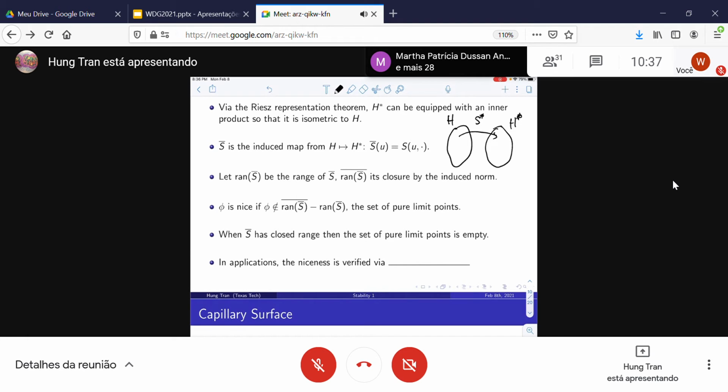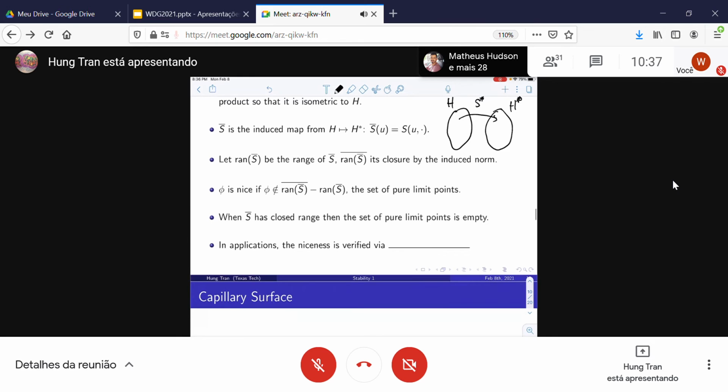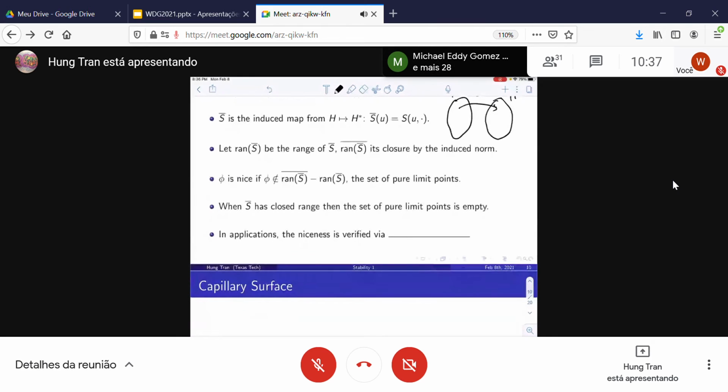And in application, the niceness here is actually not difficult to verify at all. It normally is verified via a Fredholm alternative, and you see where it comes from. The reason we use Fredholm alternatives here is because our situation involves a bilinear form on some function space.